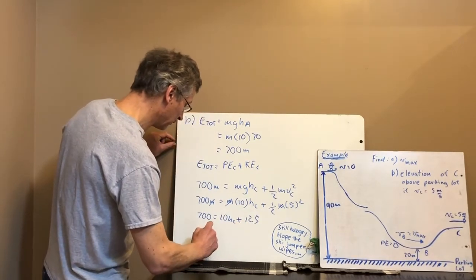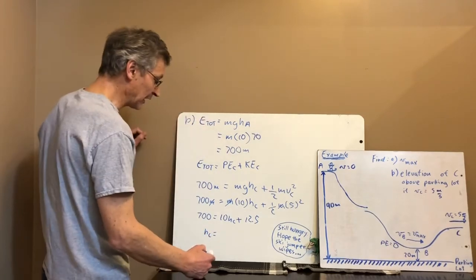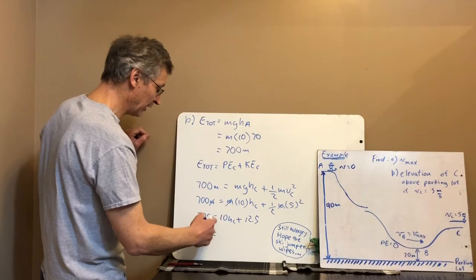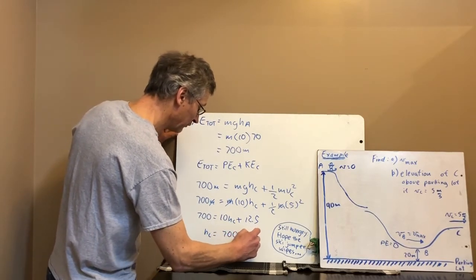So let's figure this out. Take the 12 and a half over to the other side. It's going to become a negative. So you got 700 minus 12 and a half.